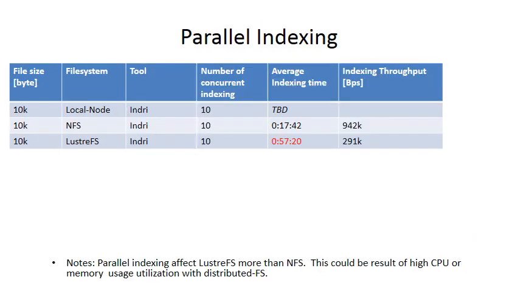We also ran the experiment running 10 instances of the same indexing system because we want to stress the system to see where the bottleneck is. You can see that between Lustre and NFS, Lustre takes a few times more to index the same amount of files compared to NFS, even at the 10K file size.